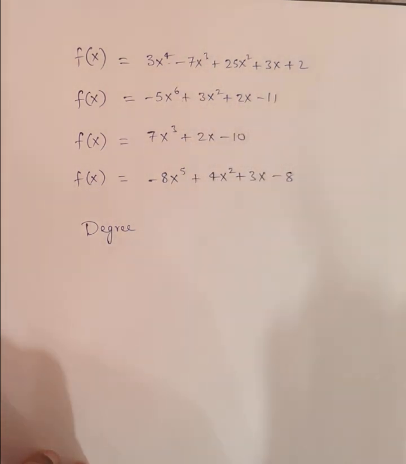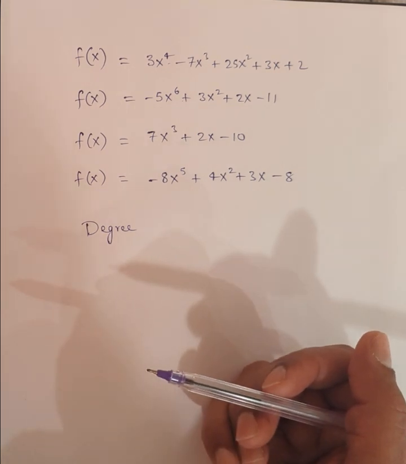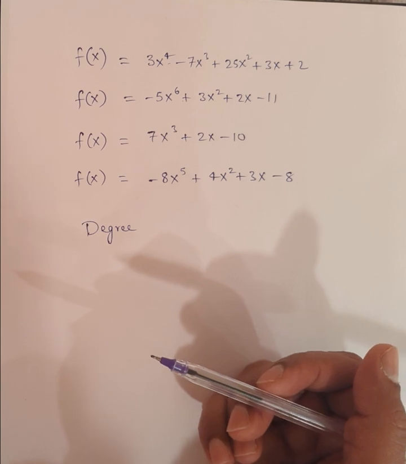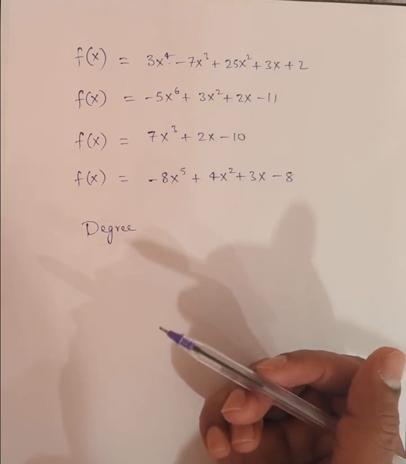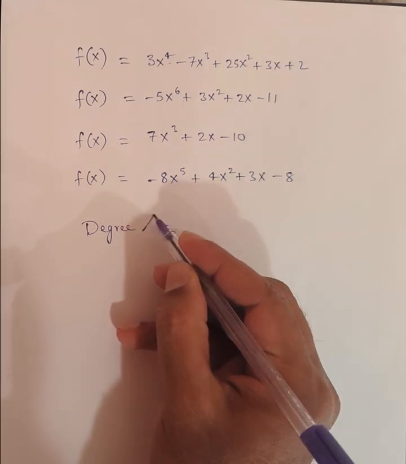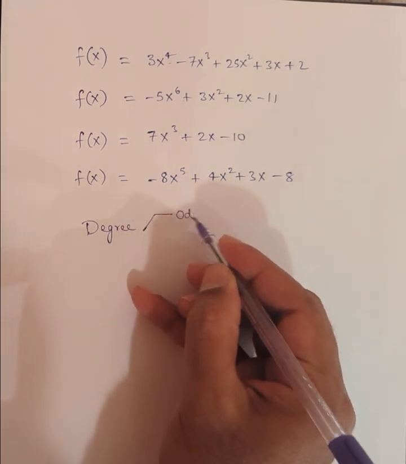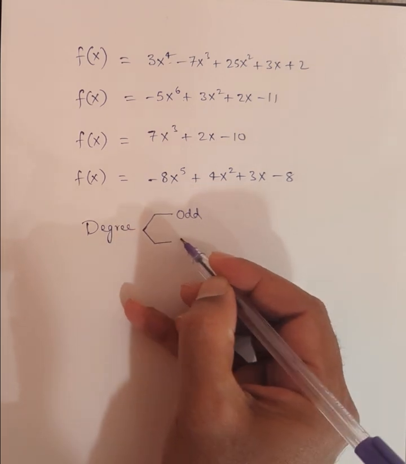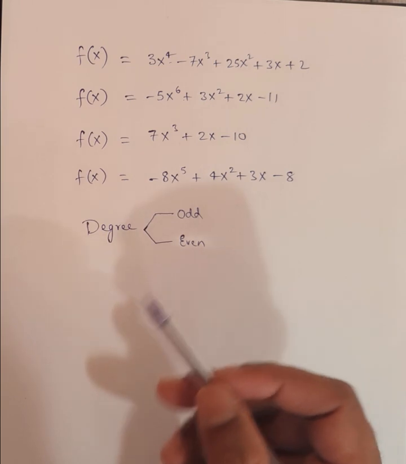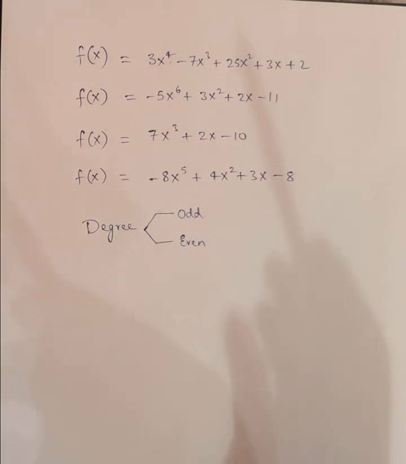These are all counting numbers. If you have a constant polynomial, the degree could even be 0, but never negative. And degree is always a whole number, so it could be either odd or even. So degree is one important characteristic of a polynomial.